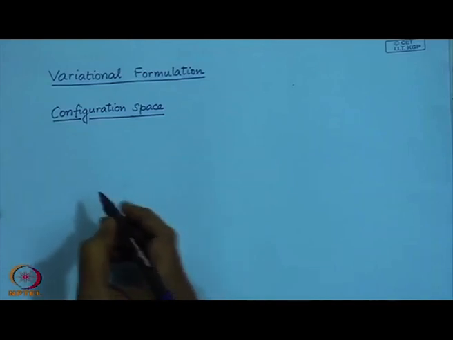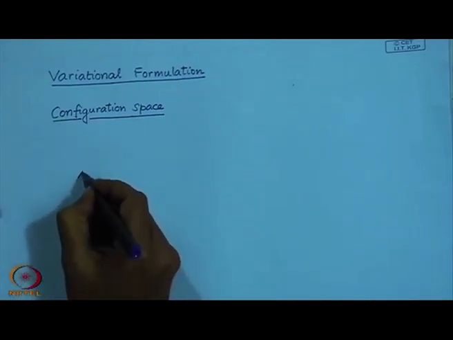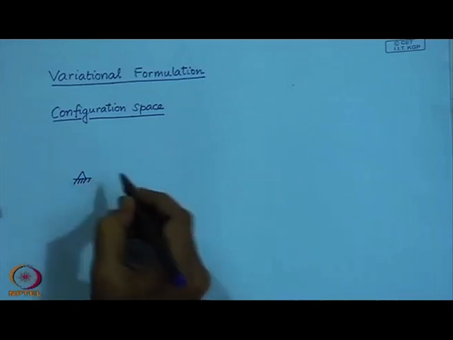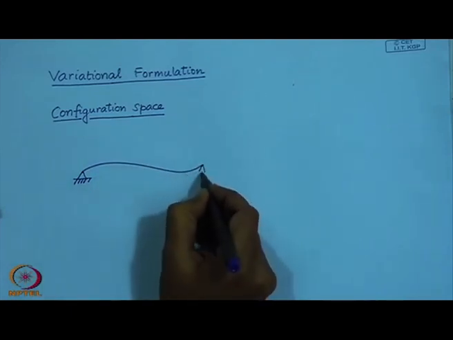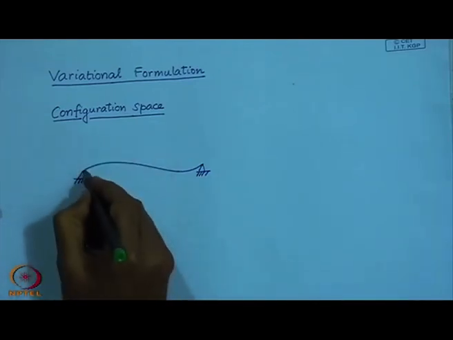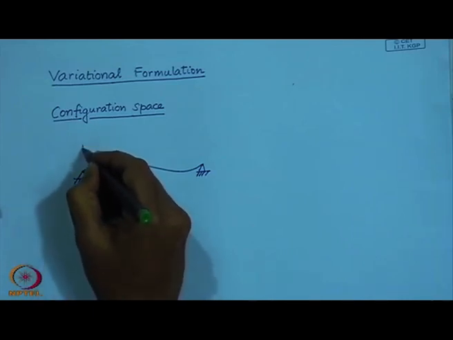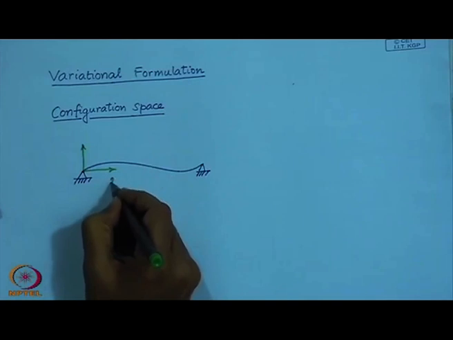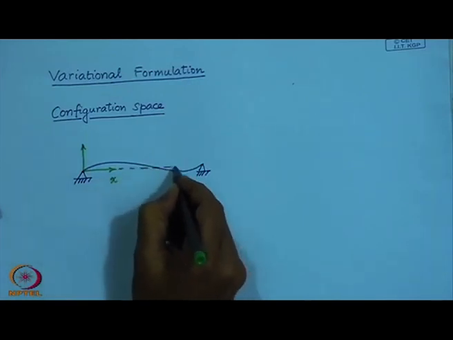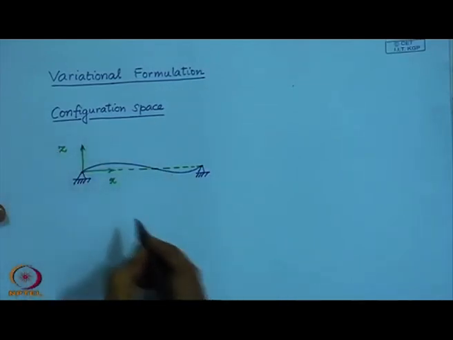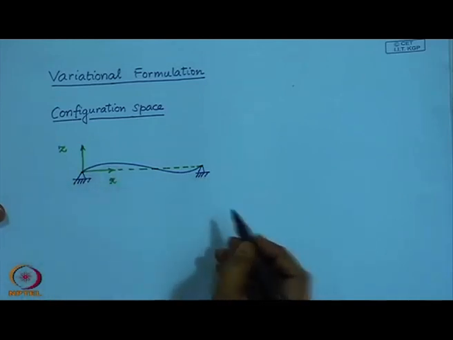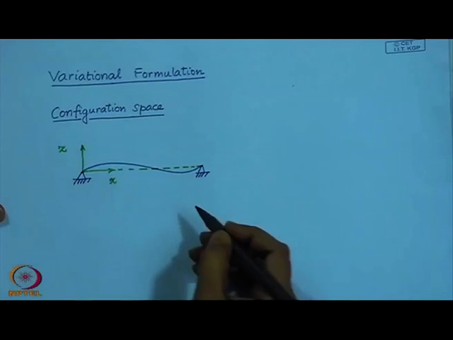Now, what is this configuration space? Let us picture a taut string which has been displaced from its equilibrium position, which is the x axis.